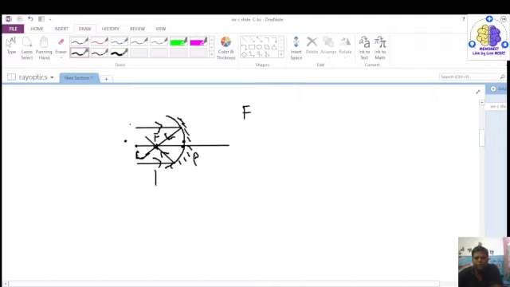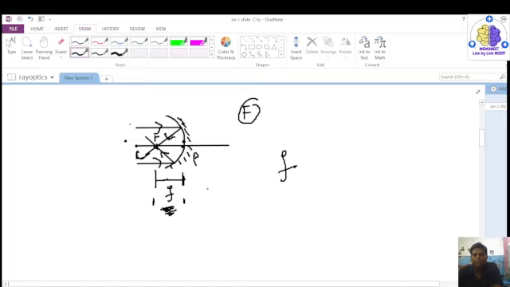And the distance between this principal focus and the pole is known as the focal length. So remember, the point focus is represented by capital F, and the focal length, that is the distance between the focus and the pole, is represented by small f, right?